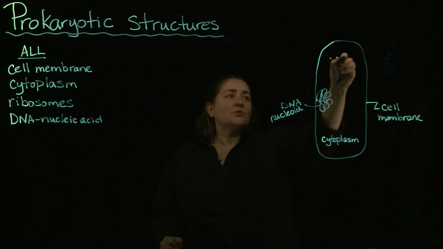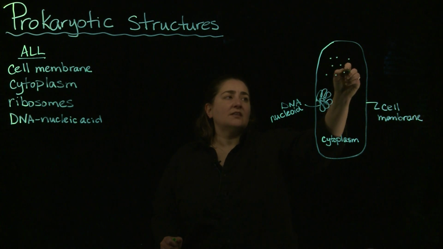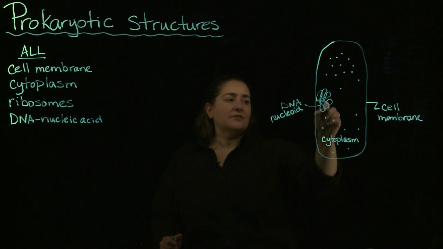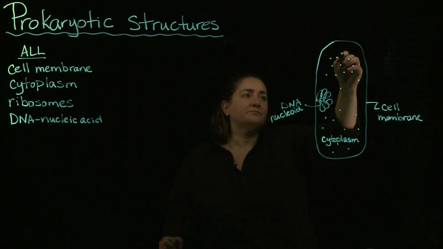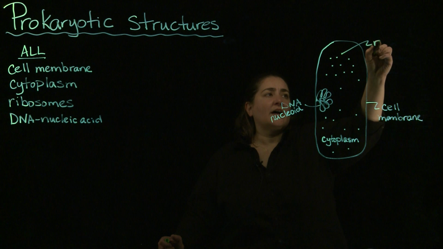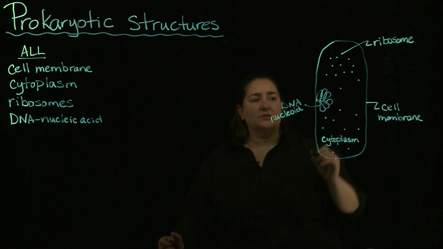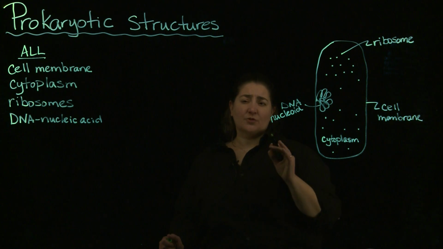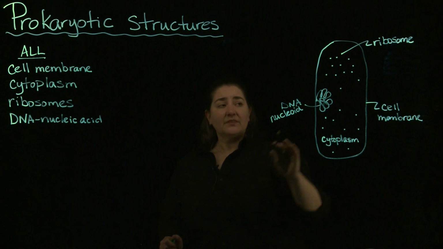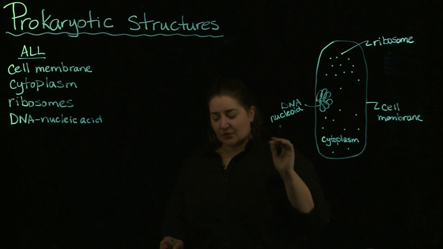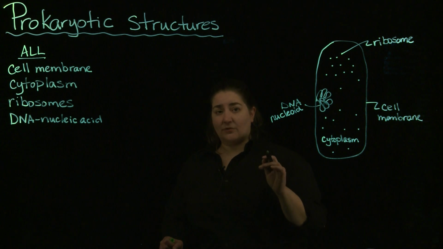The last structure we're going to have, and I'm going to draw them just as dots here, scattered throughout the cytoplasm. Those little dots are going to be our ribosomes. When we get to transcription and translation, those ribosomes are going to become important because the process of translation is going to occur at the ribosome.